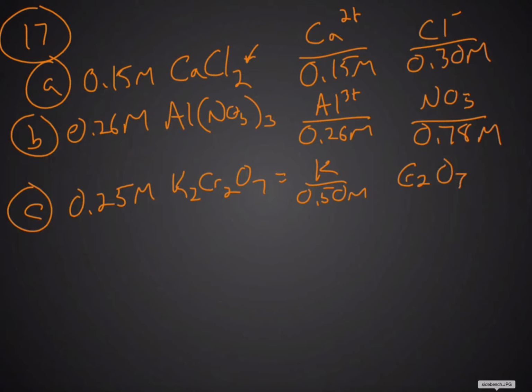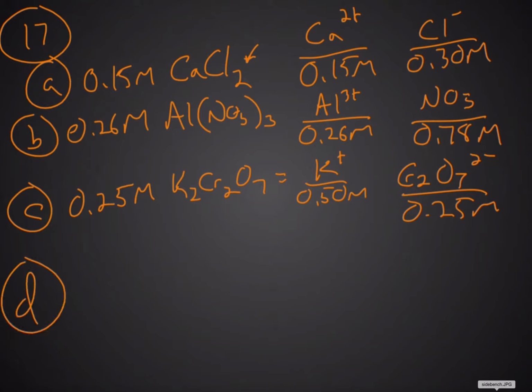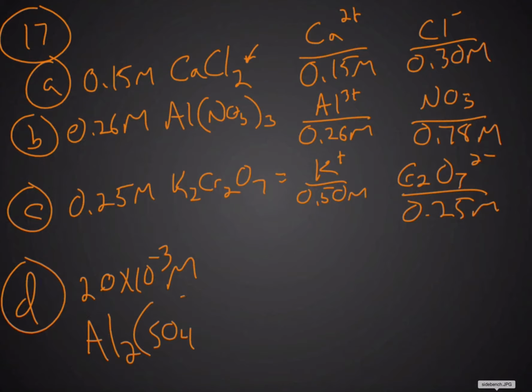The chromate, this whole thing, Cr2O7, is a polyatomic ion as a unit, so that is going to have the same concentration as the solution because it's not going to dissociate, so 0.25 molar. Finally, on this problem, if we had 2.0 times 10 to the negative 3rd molar aluminum sulfate, then we would have, for the aluminum, the number is going to be double.